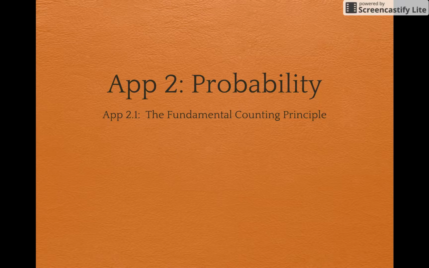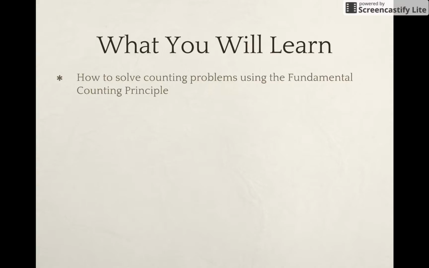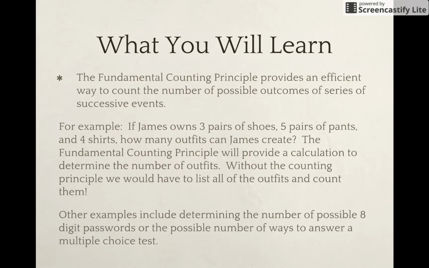Fundamental counting principle. In this app, you'll learn how to solve counting problems using the fundamental counting principle. The fundamental counting principle provides an efficient way to count the number of possible outcomes of a series of successive events. One example of this could be if James owns 3 pairs of shoes, 5 pairs of pants, and 4 shirts.